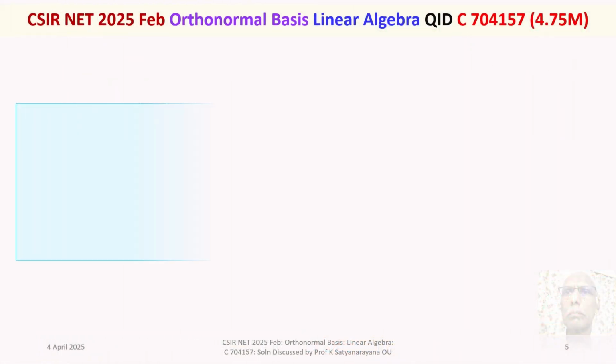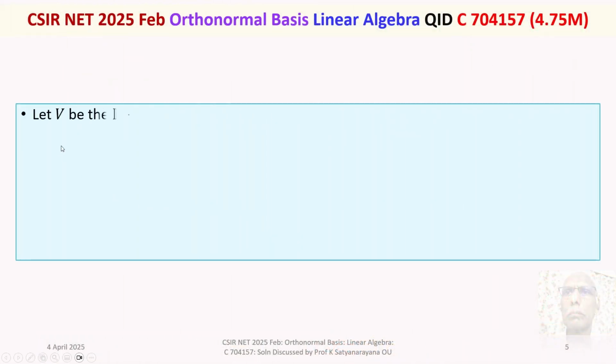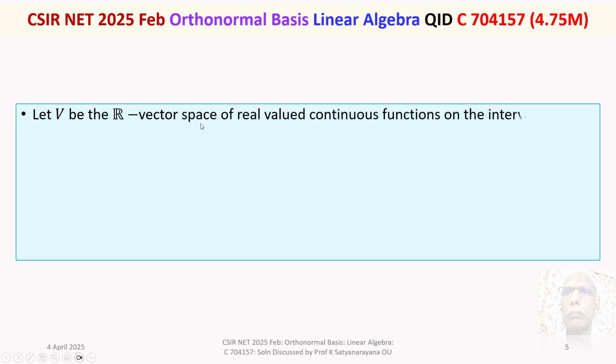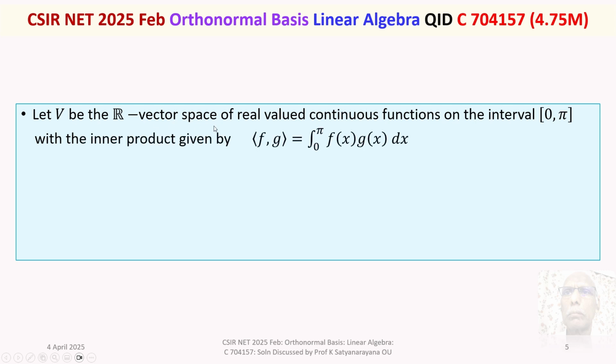Right. The given question is, let V be an R vector space. R vector space means vector space over the field of real numbers.